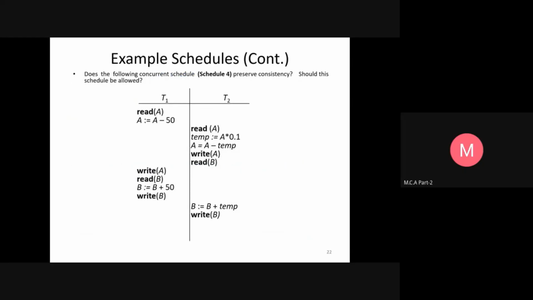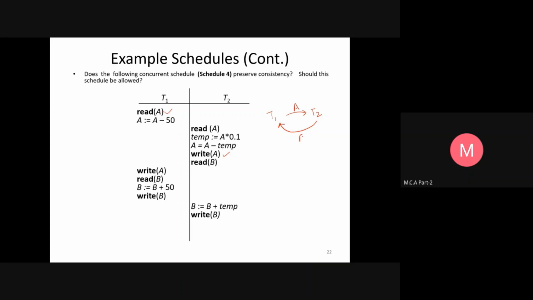Let's look at this one, okay? We have an arc from T1 to T2 on data item A, right? Because we have an A here and an A here, right? Now we have a read B here. So T2 is doing the read before T1 is doing the write.